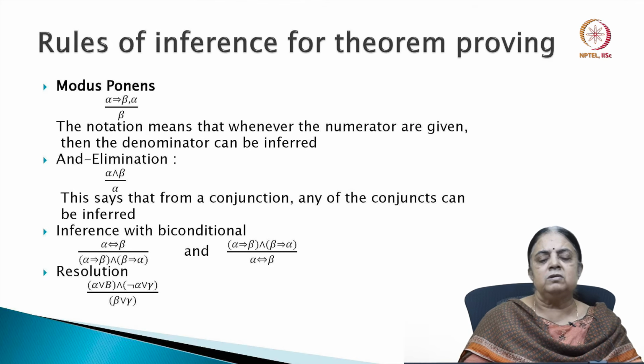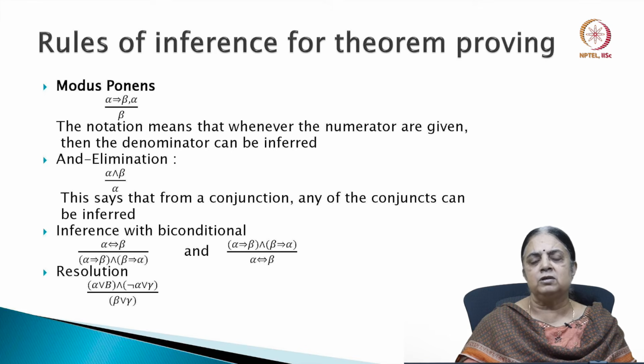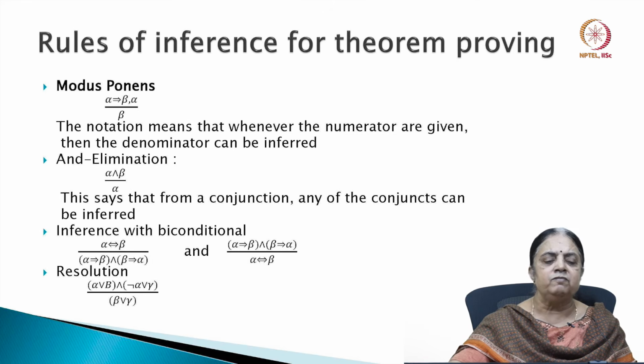Okay, so what are the rules of inference? When we have a logic, you should be able to infer new sentences from it. So how do you infer new sentences? In other words, you are trying to entail a new sentence from what is already there. The first rule is called modus ponens. Suppose you have A implies B, and you know that A is true.